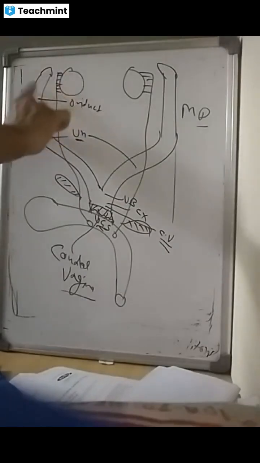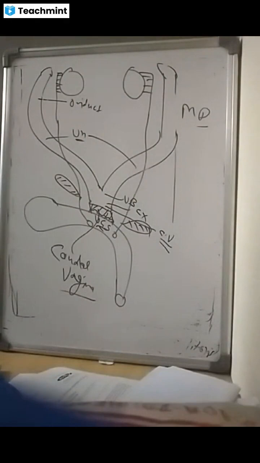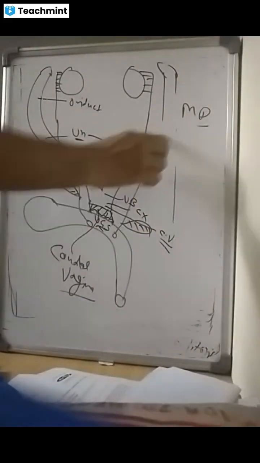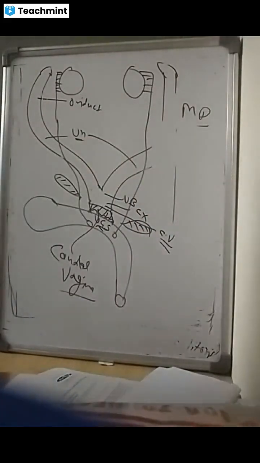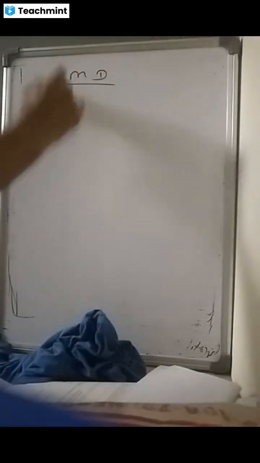Today we'll see the anomalies of this Mullerian duct, where it is absent, or there is complete fusion, or there is some deleted duct. First we'll see number one, agenesis of Mullerian duct.